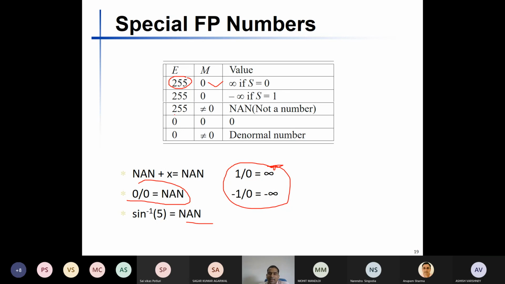If the exponent is all 1 but the mantissa is not all 0, then it is NaN. If the exponent is 0 and the mantissa is 0, then it is exactly the number 0. And if the exponent is 0 but the mantissa is not 0, it's a denormal number.